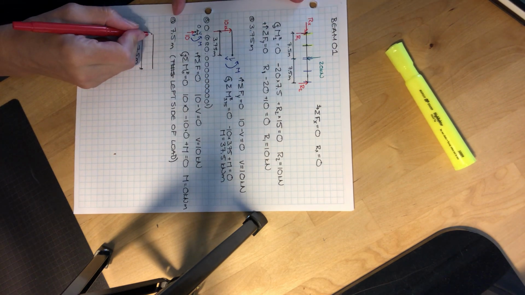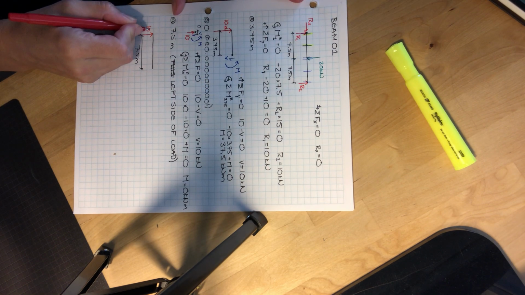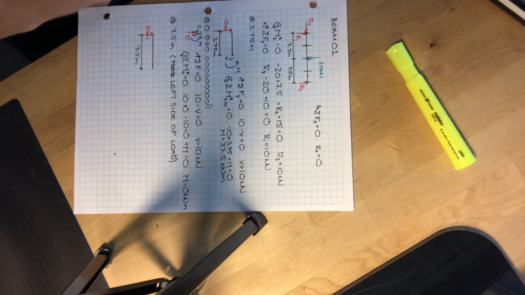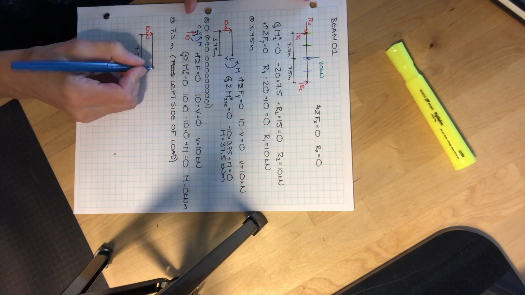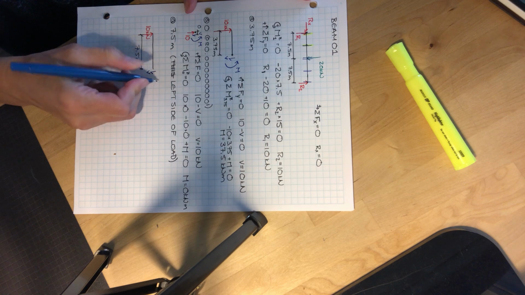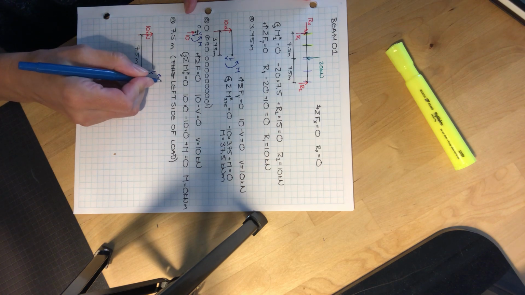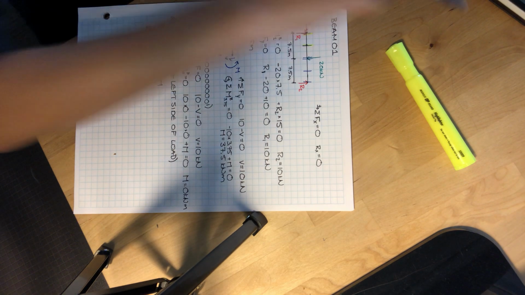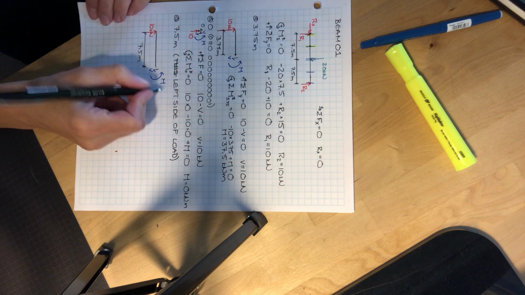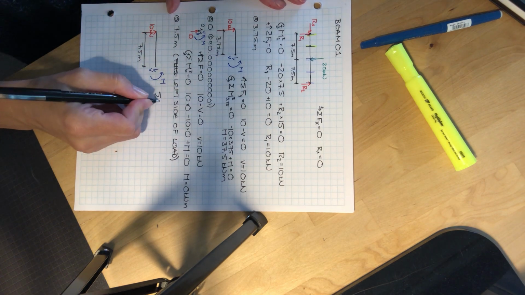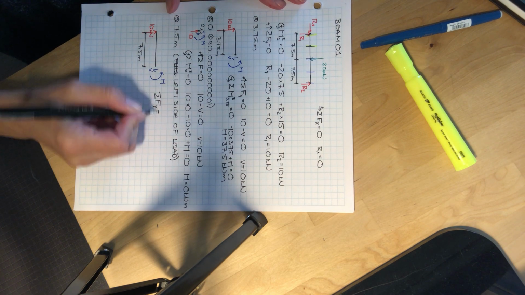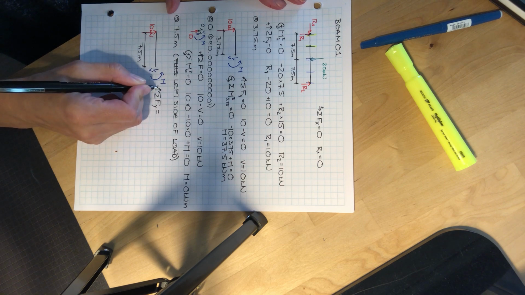We have our 10 kilonewtons, and we have our unknown internal shear and our unknown moment. We can sum the forces in the y direction, with upwards being positive.